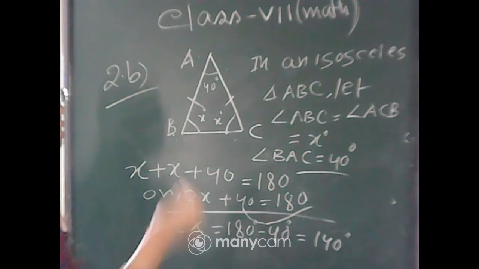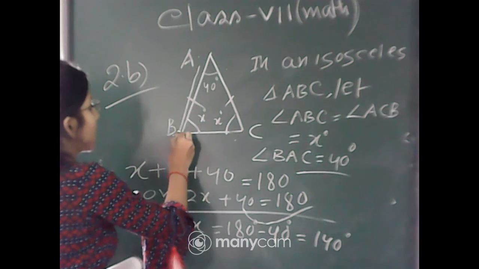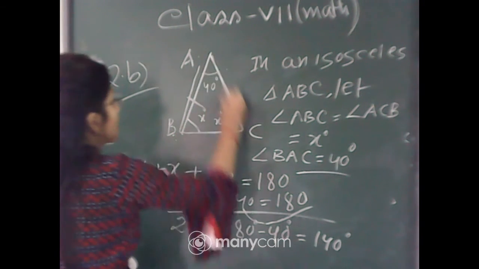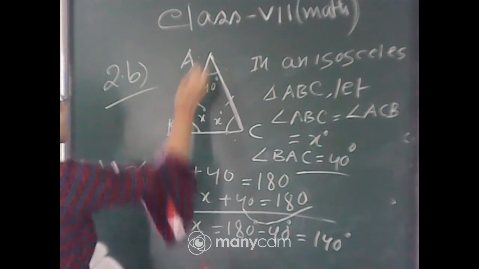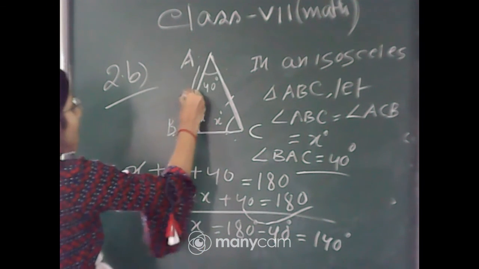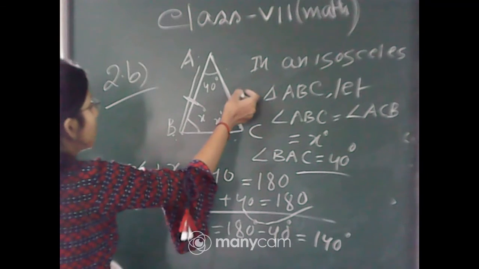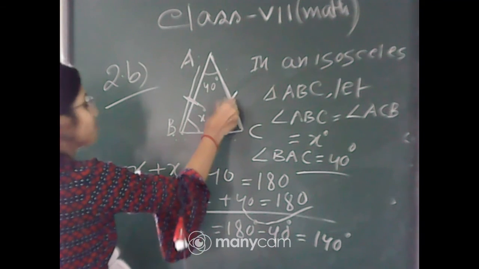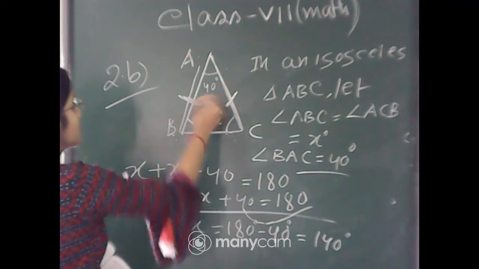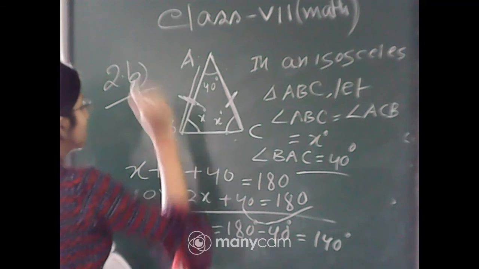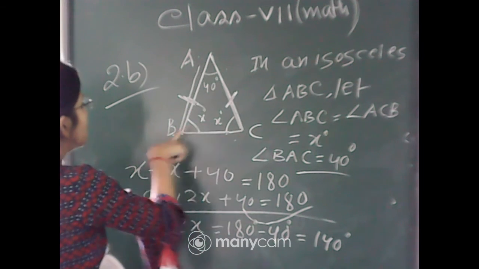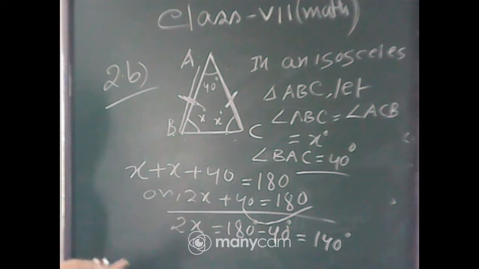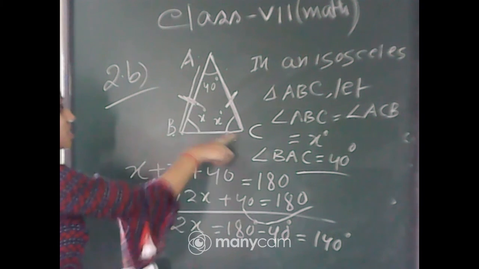Because it is an isosceles triangle, and we all know that in an isosceles triangle, side AB is equal to side AC. That is angle ACB is equal to angle ABC. Okay?